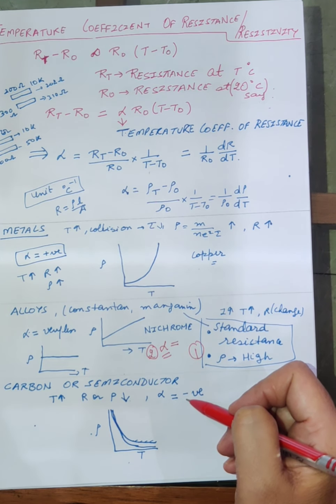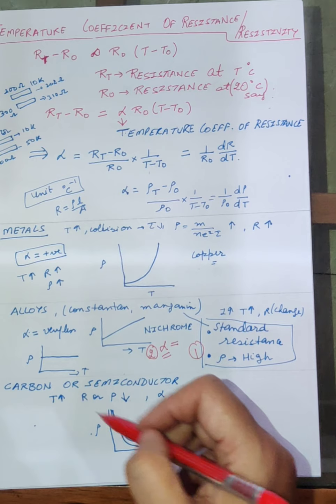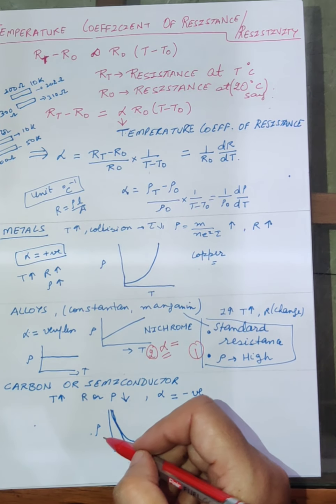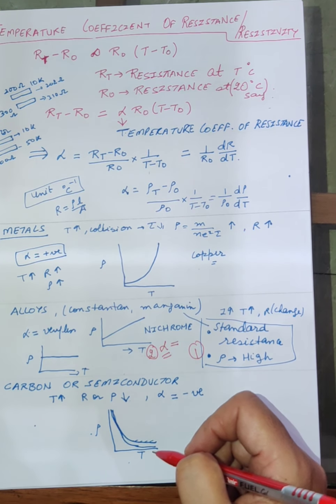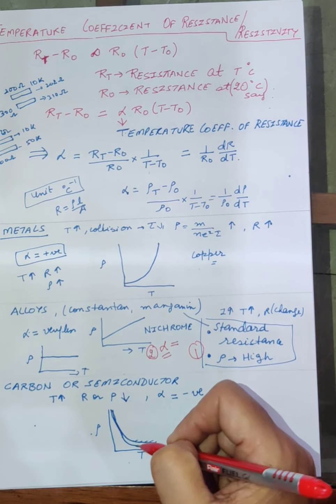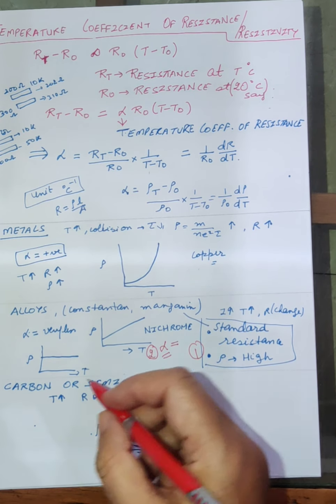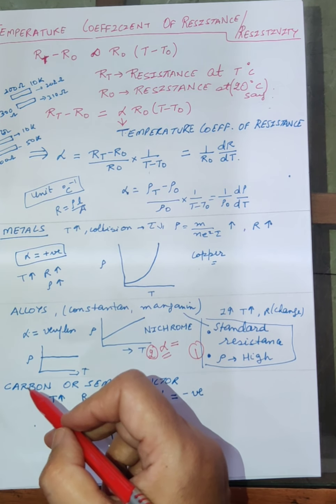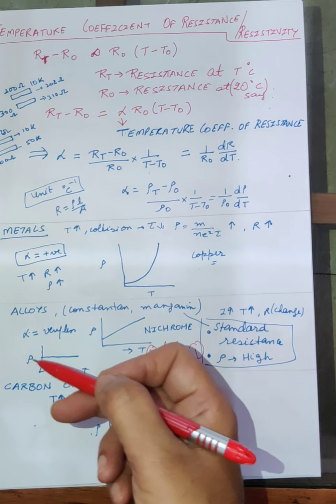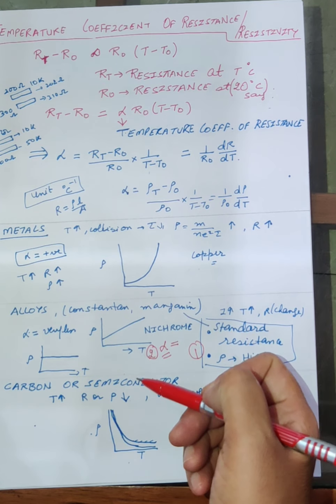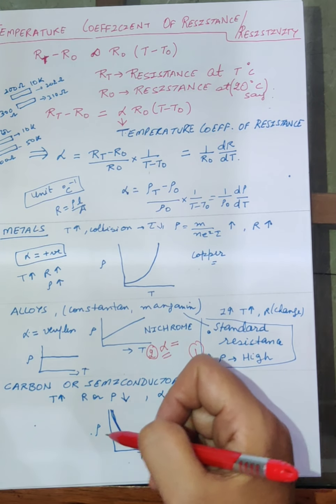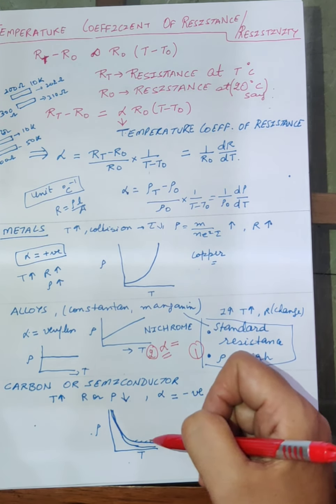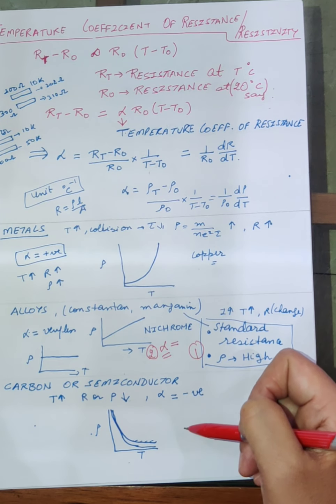So alpha is negative, and if you have to plot a graph between rho and the temperature, you'll find that it is decreasing exponentially. Either they can ask you carbon, which is a very clever way of asking, because carbon is a semiconductor, or they will ask you directly to plot the graph between rho and T. So my graph will fall exponentially down.